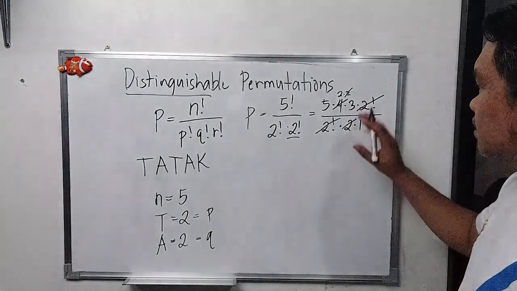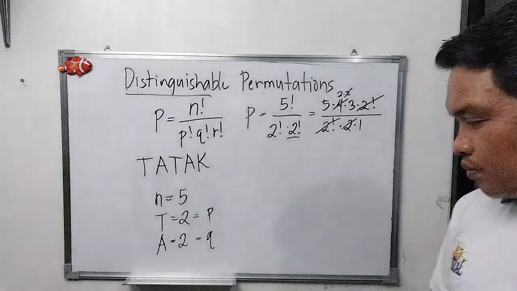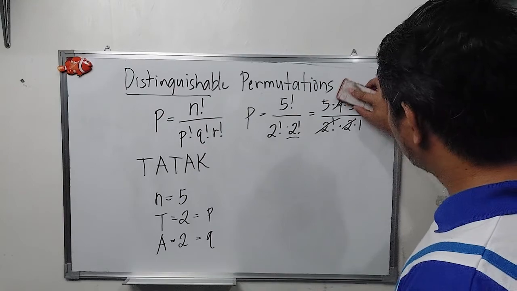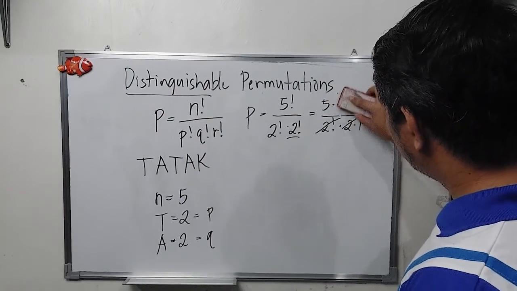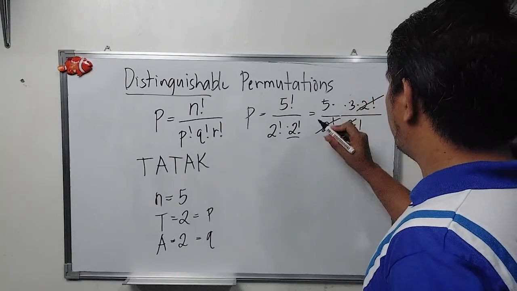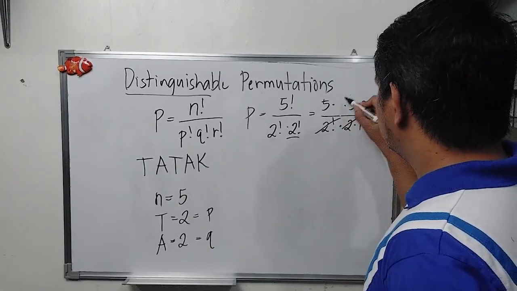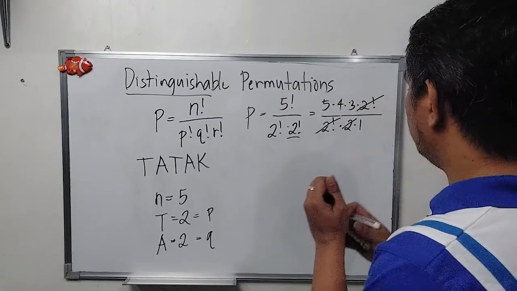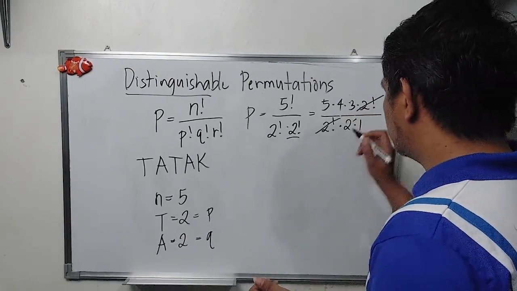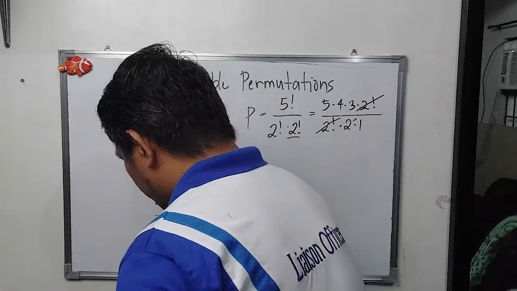Pero kung nalilito ka sa pagka-cancel natin, pwede mo namang diretso na. Multiply mo na lang, tas divide. You have 5. This is 4. And this is 2. So, diretso mo na lang multiply.